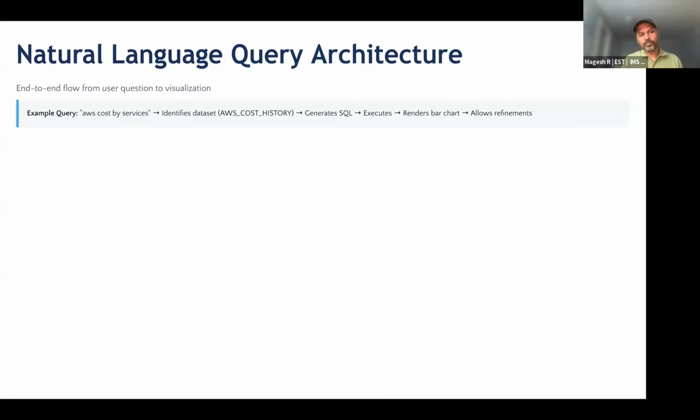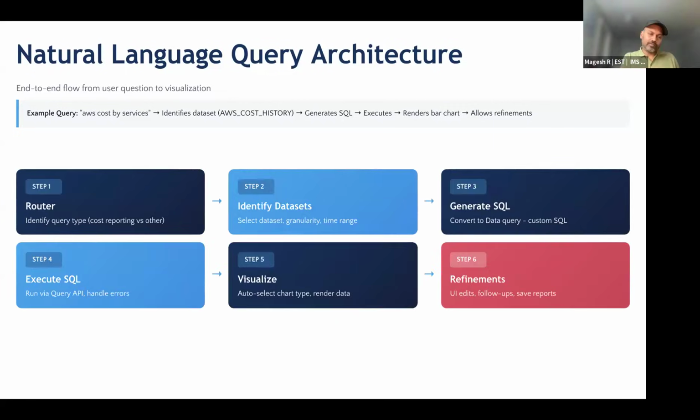Rather, it initially uses the LLM as a router to say, for this question, should I answer by looking at any of the data sets, or should I look at documentation? Should I look at optimization? There are multiple options. So you initially use the LLM as a router to identify which path it should go.